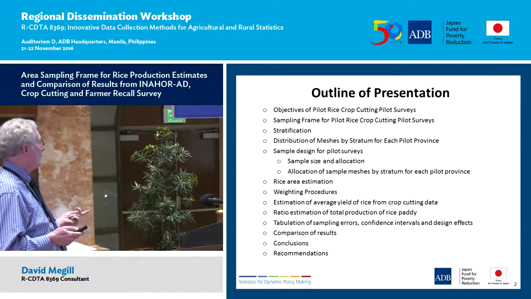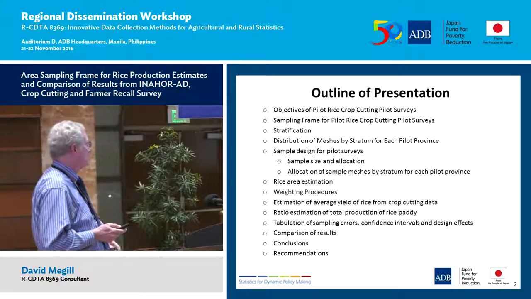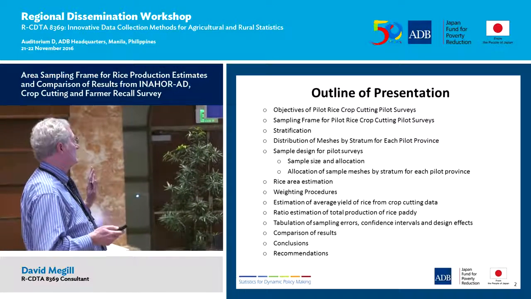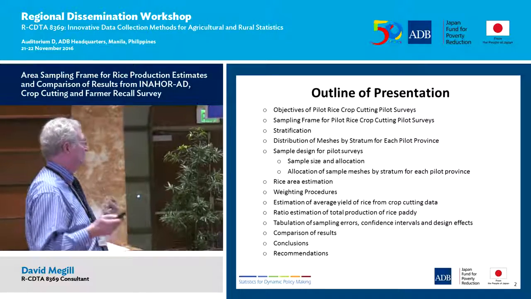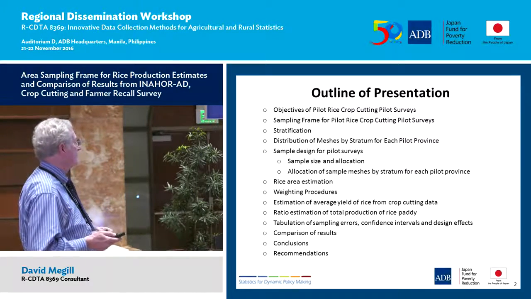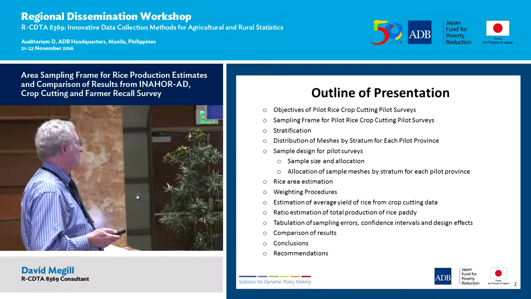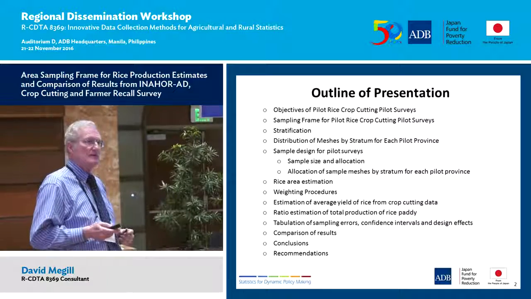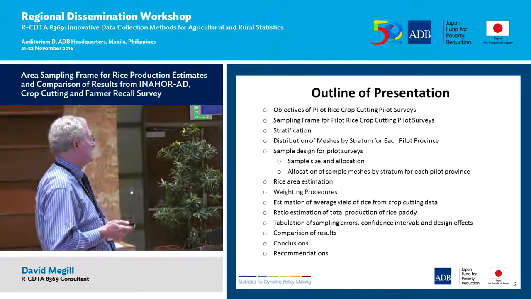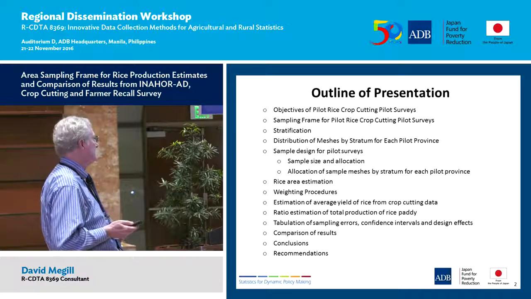Then we're going to talk about rice area estimation, the weighting procedures, how we would estimate the average yield of rice from the crop cutting data. And then we're going to look at a ratio estimation of total rice production of rice paddy that can be used to improve the precision of the estimates.